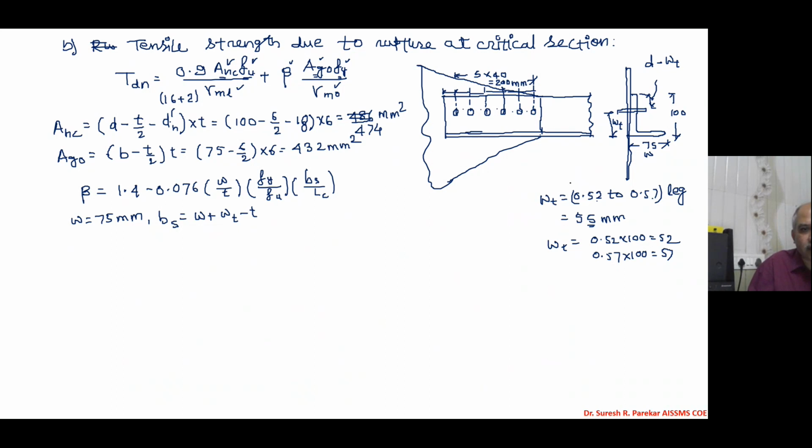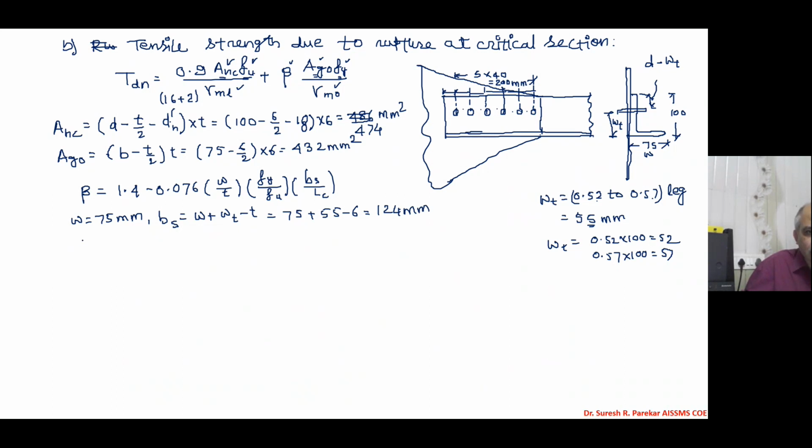So I will put values here. So we have W that is 75. So we put the values: Bs is 75 plus 55 minus 6, and this comes to 124 millimeters.